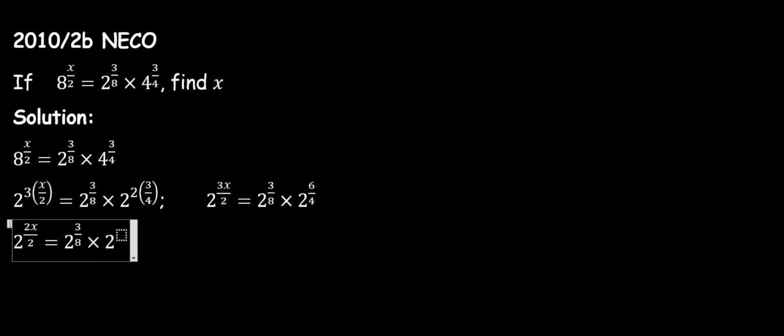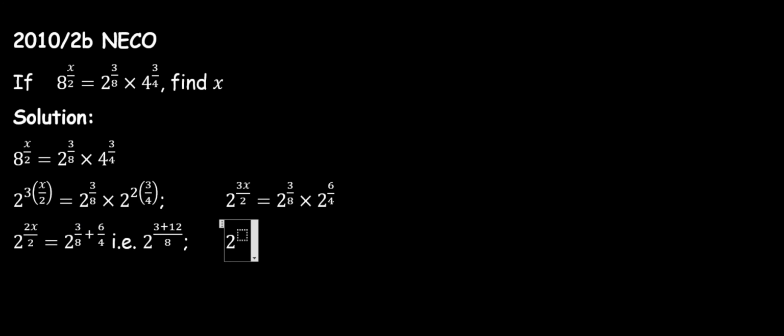That is the same as 2 raised to power 3 plus 12 over 8. That would be the same as 2 raised to power 3x over 2 equal to 2 raised to power 15 over 8. Since we have achieved the same base on both sides, we equate the powers.